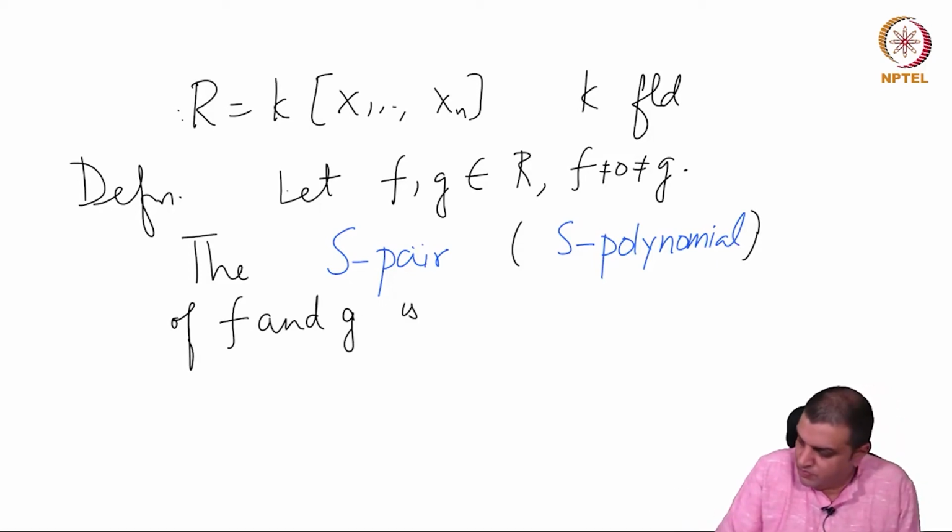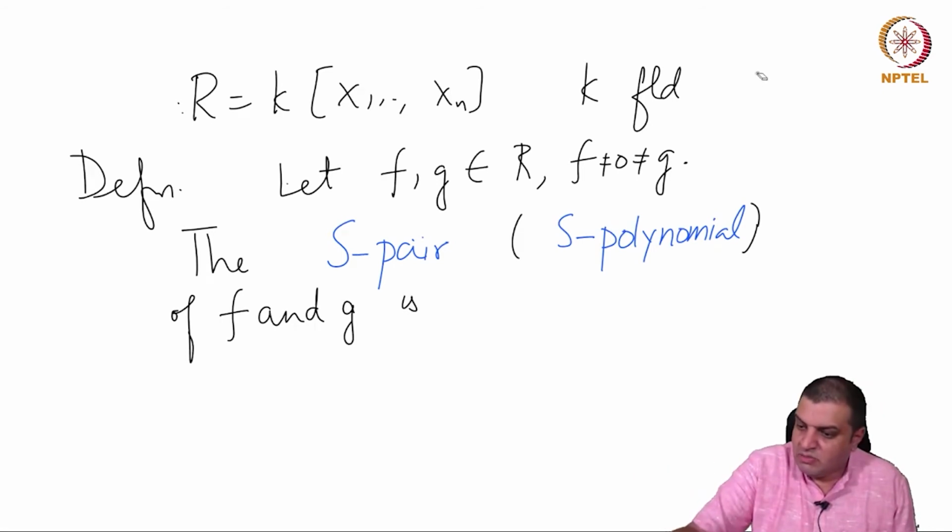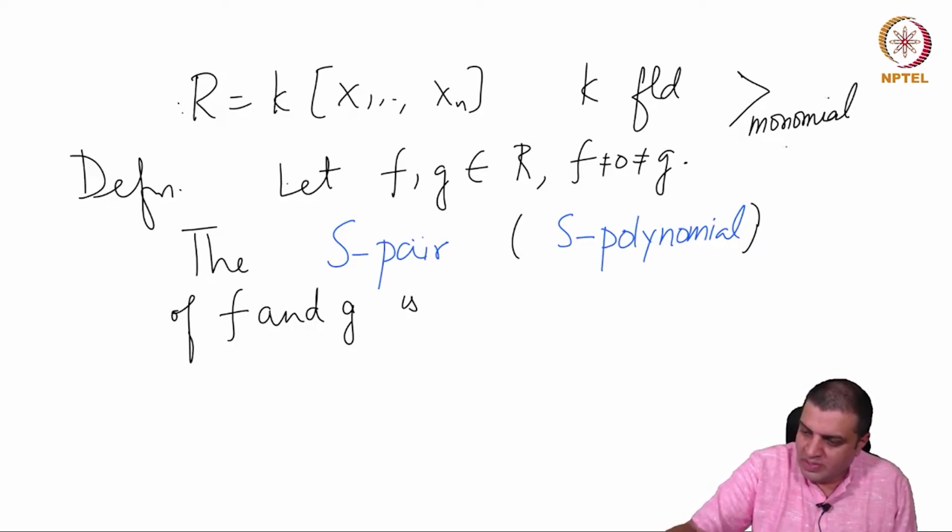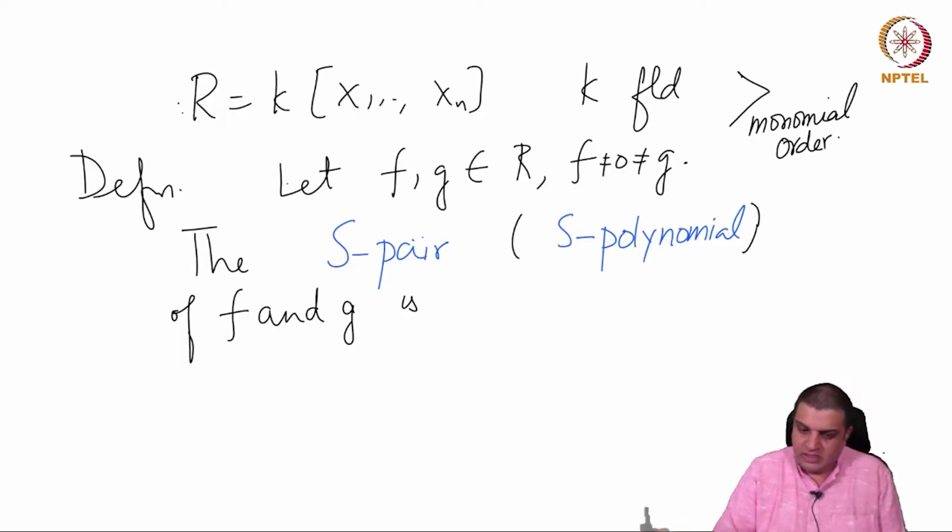There is some monomial order here. We are discussing Gröbner bases, so there is some order that is being used.